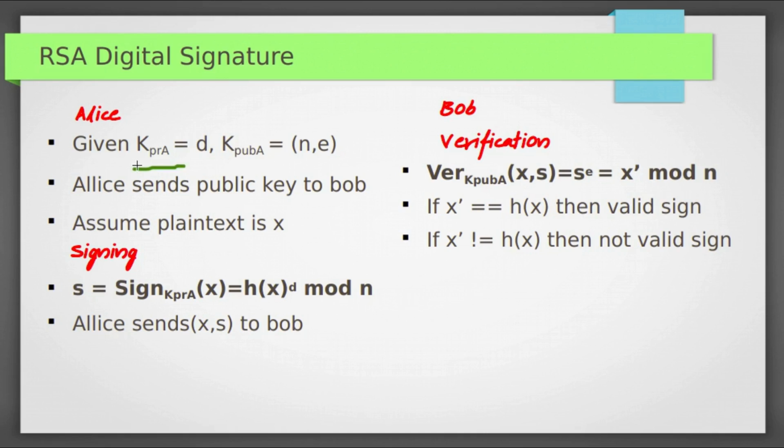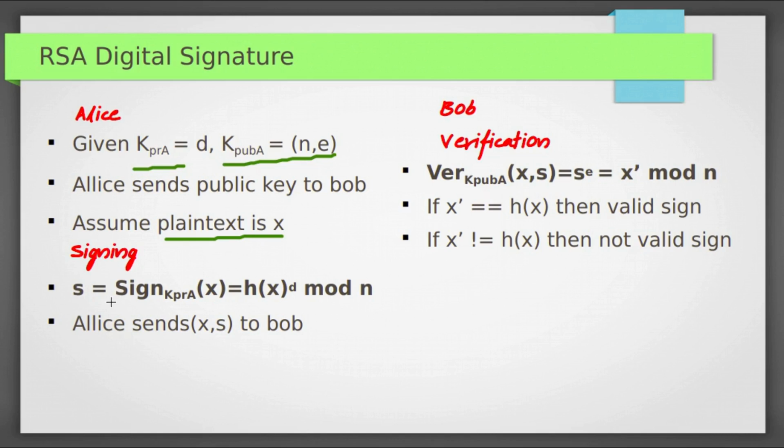D is Alice's private key, N comma E is her public key. Assume the document here is X. Signing: digital signature means encrypting with the private key.